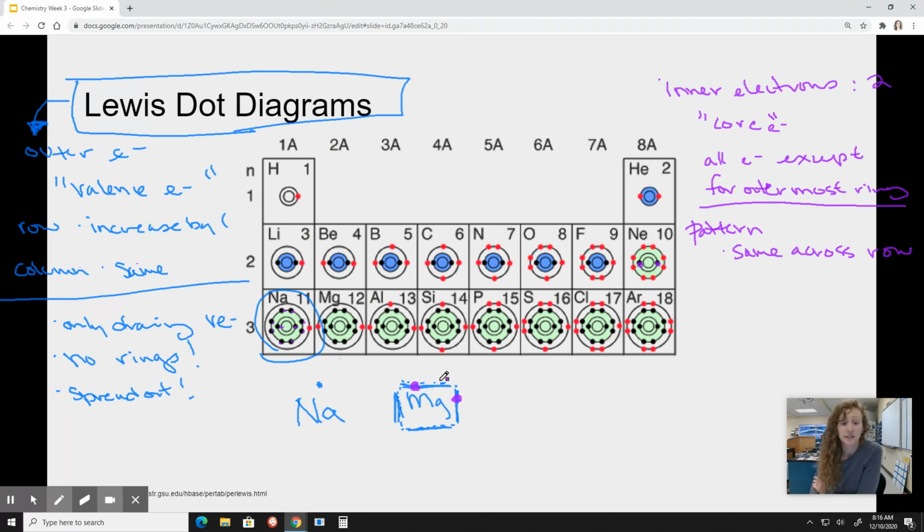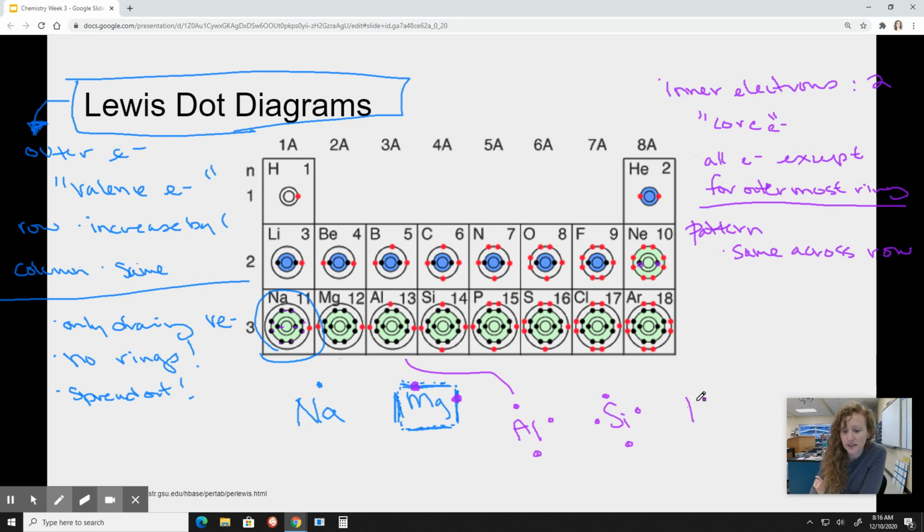Again, spread them out if you can. So aluminum has 3, we're going to draw the 3 dots and spread them out on 3 of the sides. Silicon has 4, we're going to draw 4 dots and spread them out on the 4 sides.